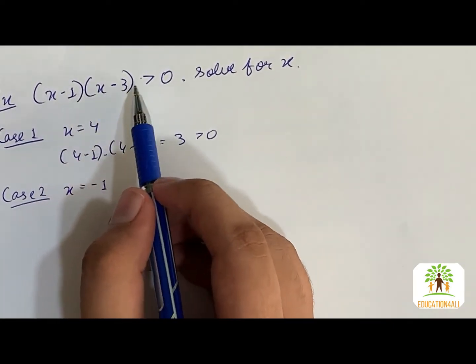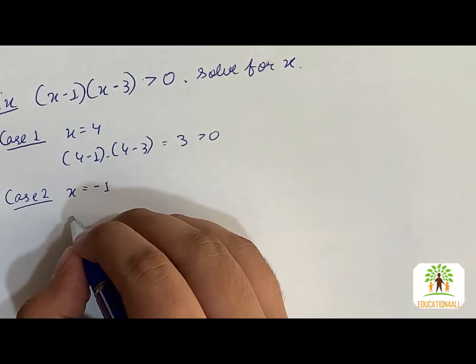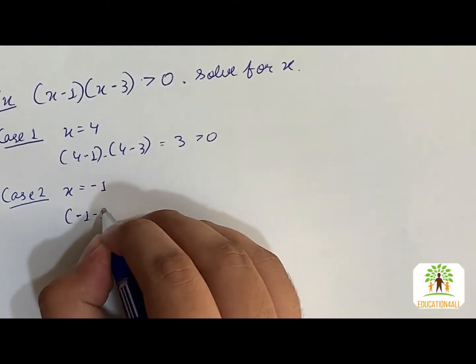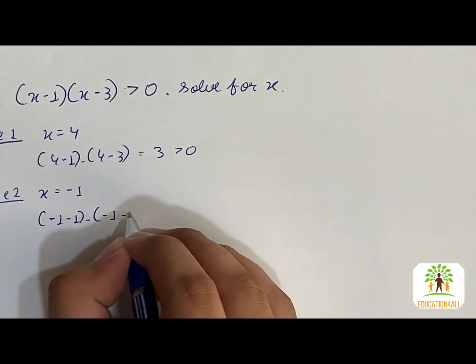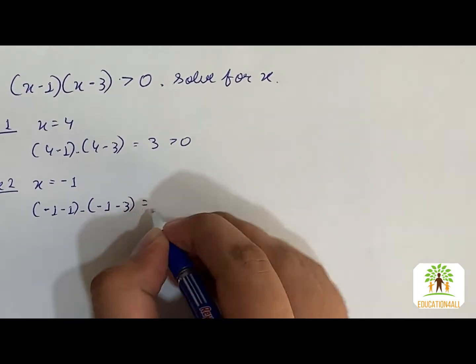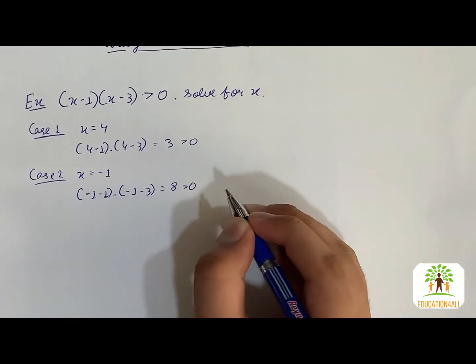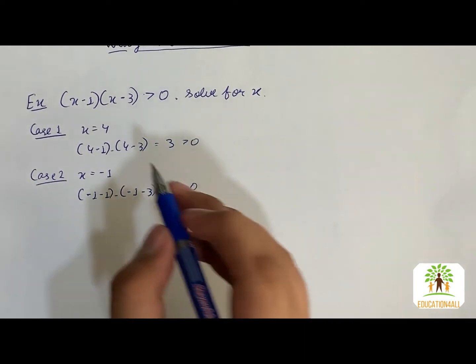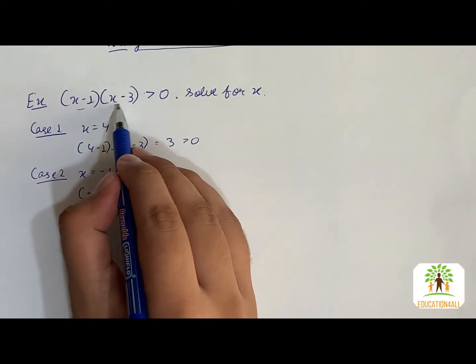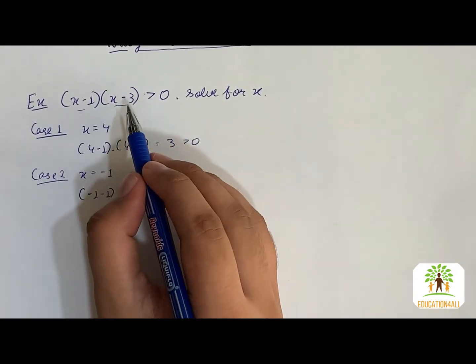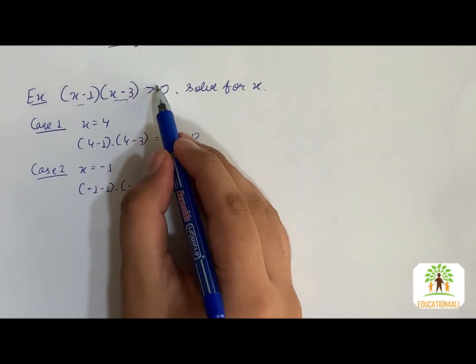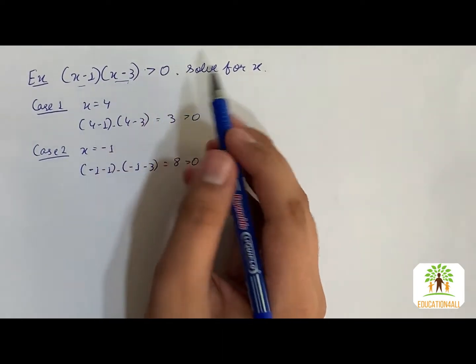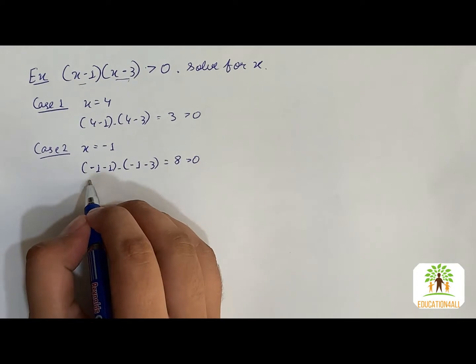Minus 1 minus 1 times minus 1 minus 3 equals 8, that is also greater than 0. We can see that if we take one bracket positive and another bracket negative, then we will get a negative answer, so it will never be greater than 0. So these are the only two possible cases.